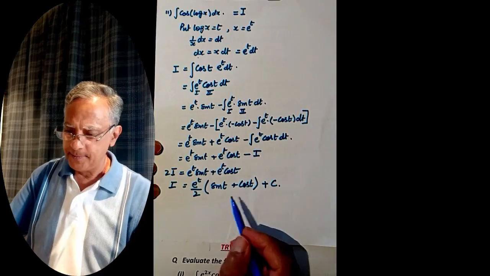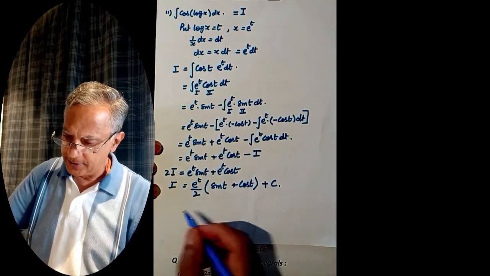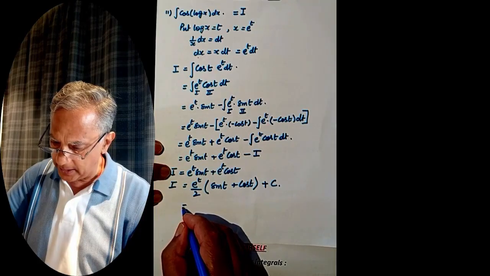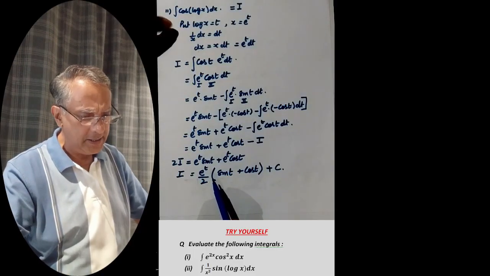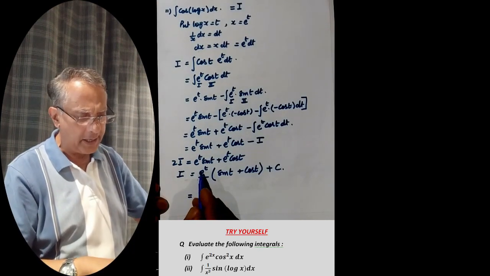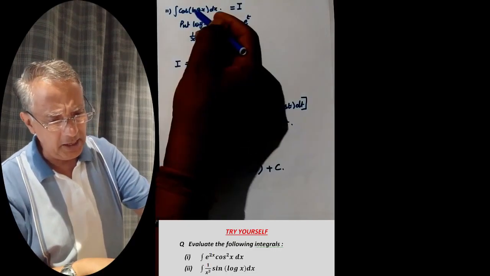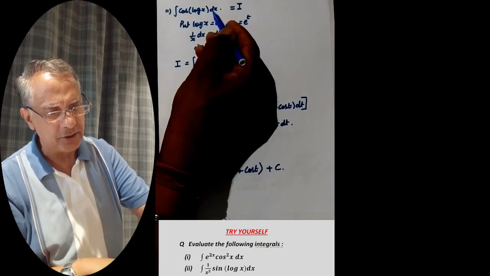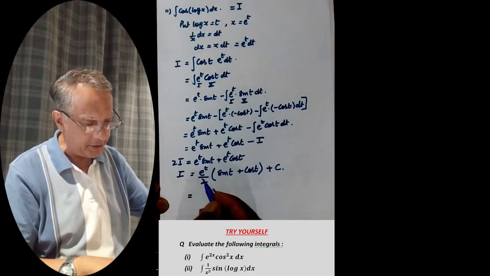Now we will replace t in terms of x. Now t was log x, so we put t equal to log x in this. We have to express this in terms of the original variable, that is x. So x is equal to e to the power of t. So e to the power of t is x.